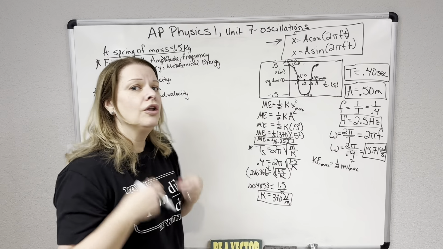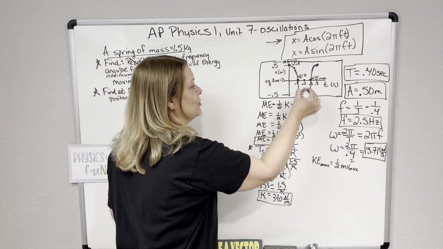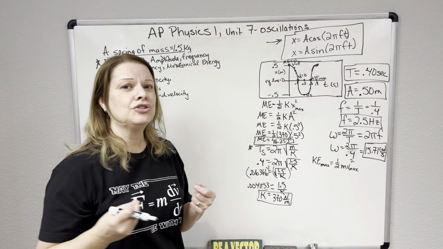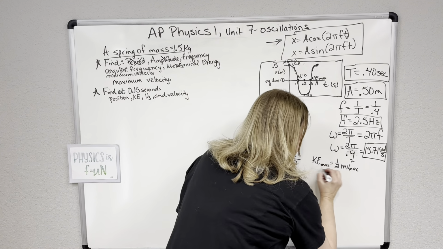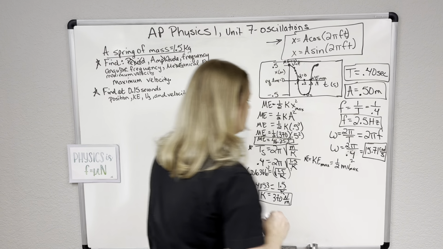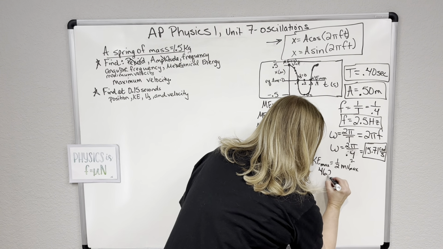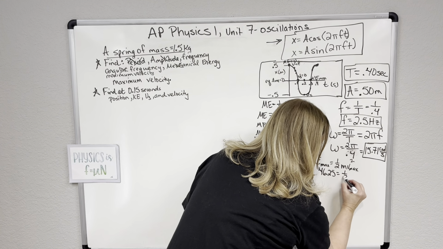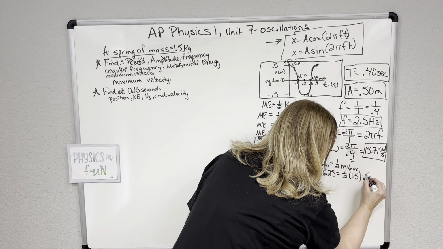That means all of your mechanical energy is kinetic energy, just like at the amplitudes, all of your mechanical energy was potential energy of the spring because velocity was 0. So kinetic energy is going to be max when it equals your total mechanical energy. I know my total mechanical energy is 46.25 equals 1/2. My mass is 1.5, and that's my velocity max squared.